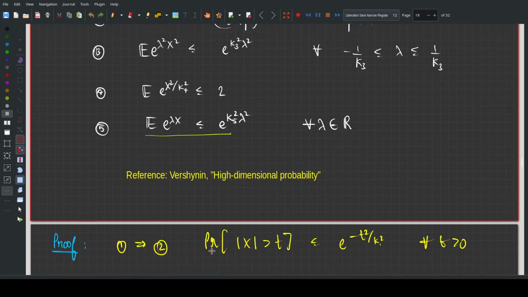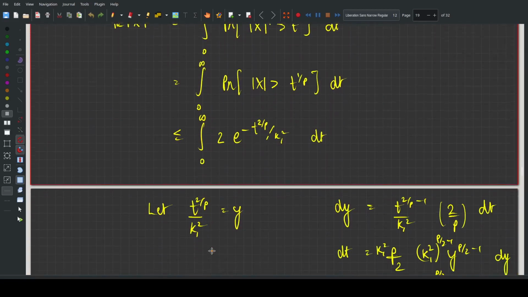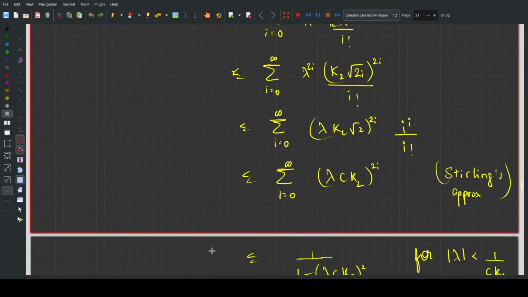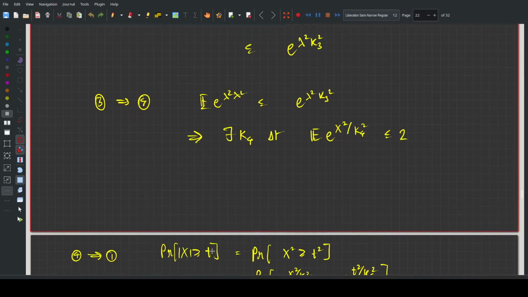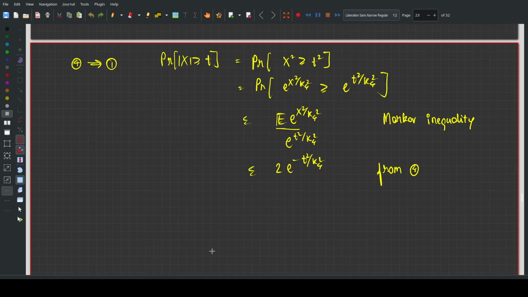So we proved some of these. First I showed that 1 implies 2, 2 implies 3, 3 implies 4, and towards the end I was proving that 3 implies 5.